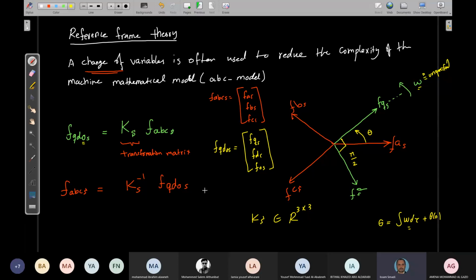And you know that in any balanced system, the F0S is nothing more than 1/3 of FAS plus FBS plus FCS. Whatever I change the transformation, this was not changing. By definition, the 0 sequence.